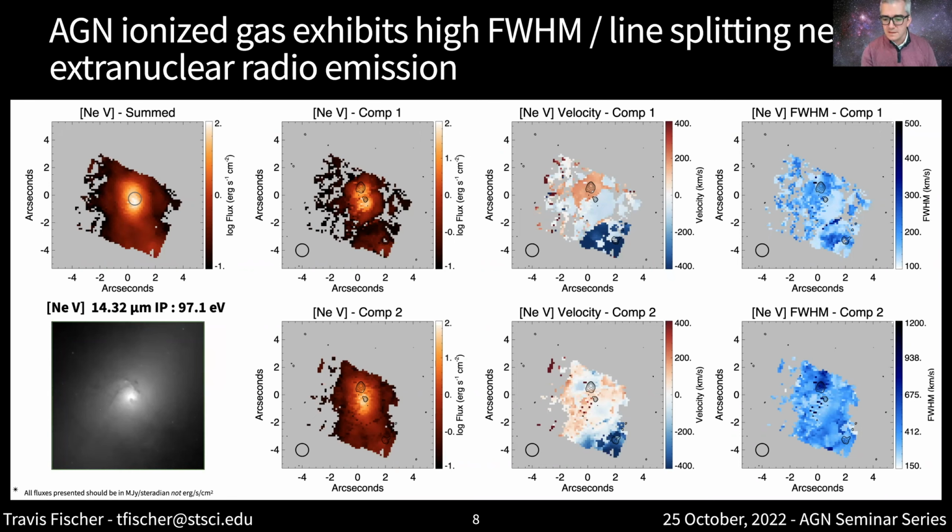What's really interesting is that in component 2, where the radio structure is, the red shift doesn't exist anymore, and there's actually a blue-shifted structure there traveling around 200 kilometers per second, toward our line of sight. So the winds are running into this knot, this reservoir, and splitting that gas into 2 separate directions.